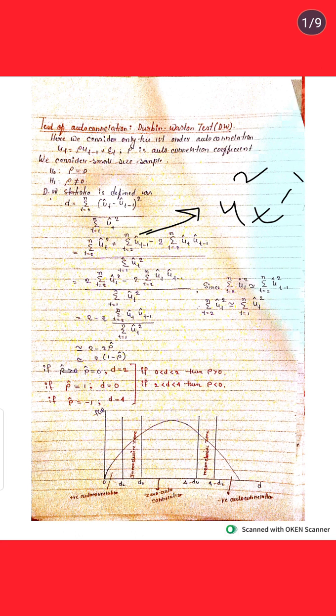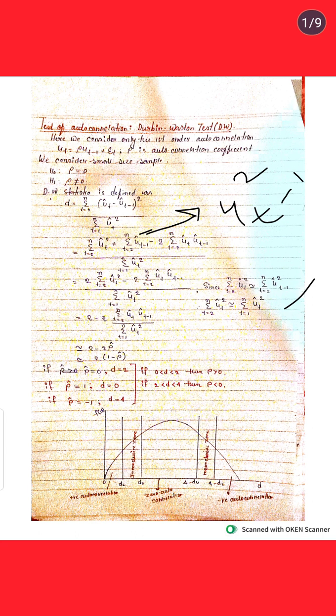From this line, the sum of u_t hat square is approximately similar to the sum from t equal to 2 to N of u_(t-1) hat square.